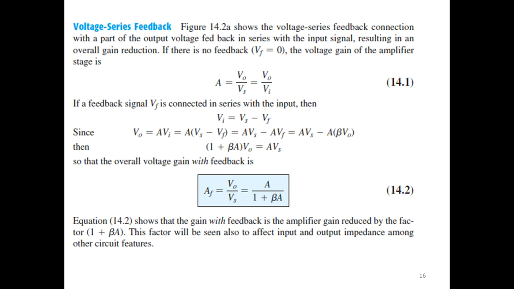There is a bit of substitution, a little bit of mathematics, so you will have to focus on the particular parameters. I'll be drawing the voltage series feedback in short, so that the parameters can be well justified.